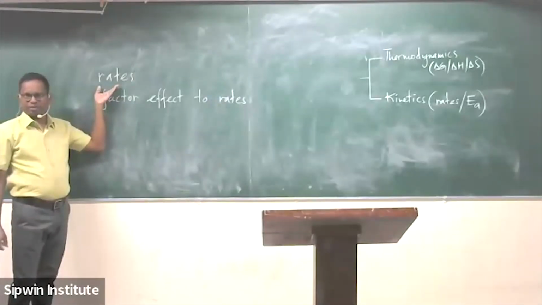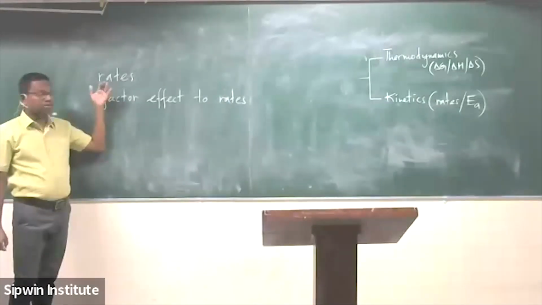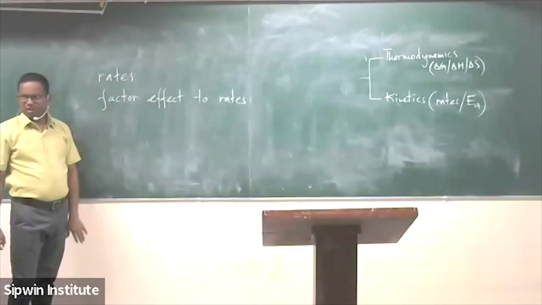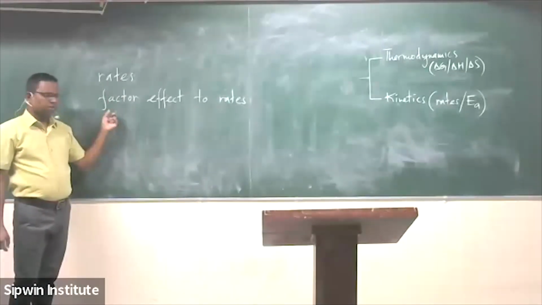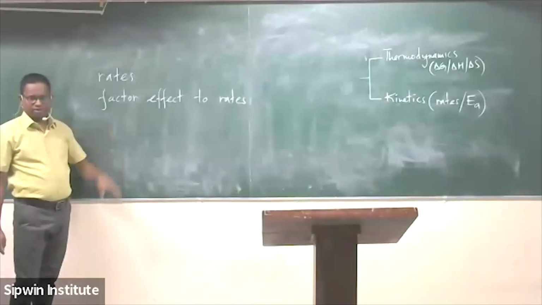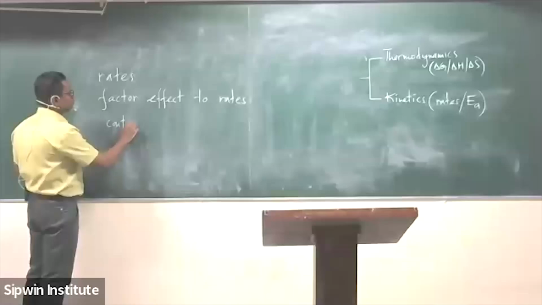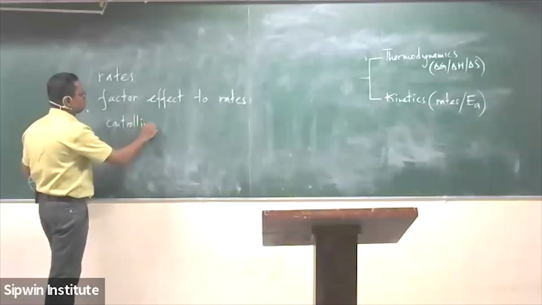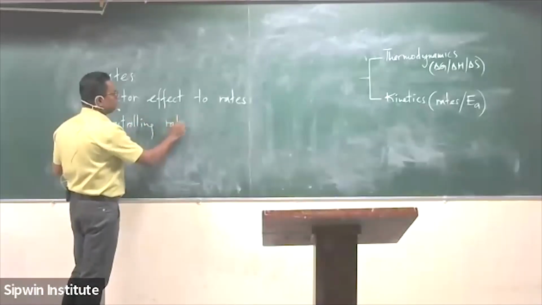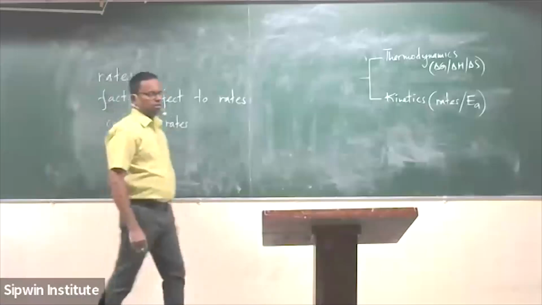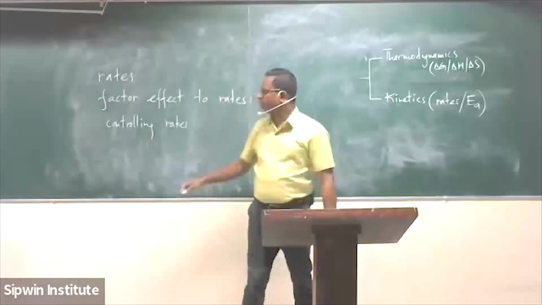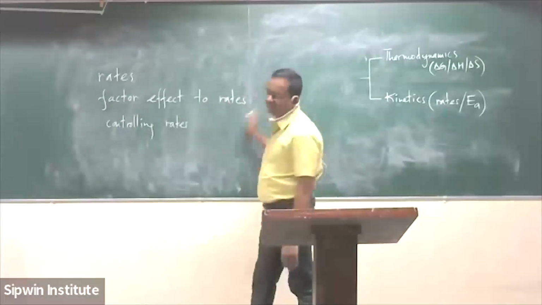Some reactions are fast reactions, some are slow reactions. Then how to control the rates? Factors affect the rates, and using the factors, we control them. Studying these together is called kinetics.